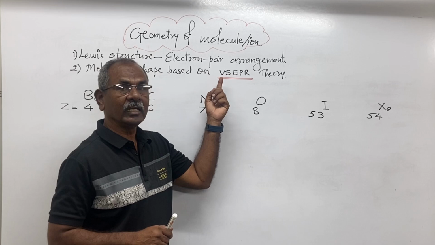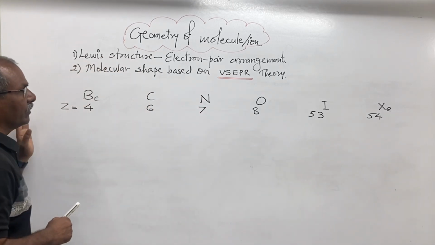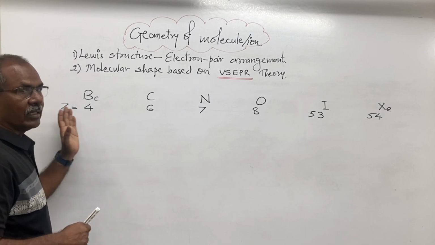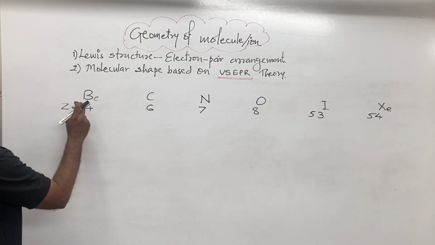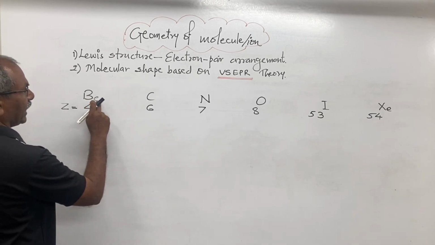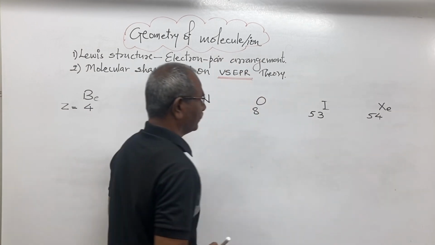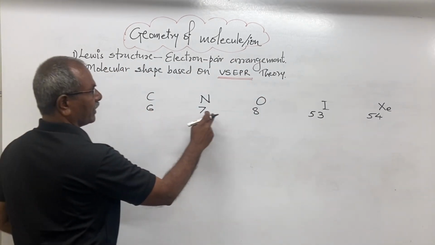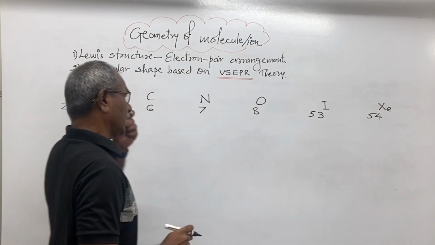This is particularly related to valence shell electrons. So you should know the valence electrons of each central atom in a given molecule or ion. For example, take the elements beryllium, carbon, nitrogen, oxygen, iodine and xenon. Their atomic numbers are 4, 6, 7, 8, 53, 54 respectively.